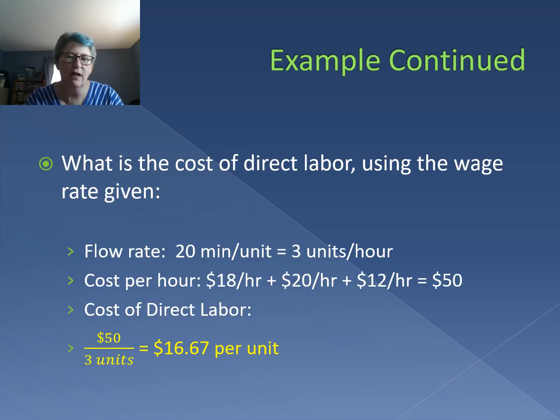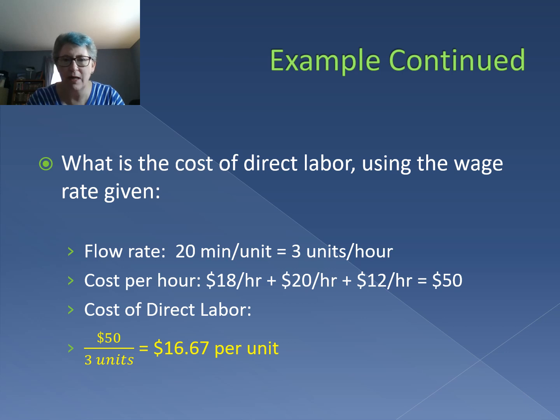So now we have to get to the direct labor. Using the wage rates that were given, we know that our flow rate is 20 minutes per unit, which leads us to 3 units per hour. With 20 minutes per unit and 60 minutes in an hour, we can only create 3 units in that hour. But in that hour, we're paying 3 people.